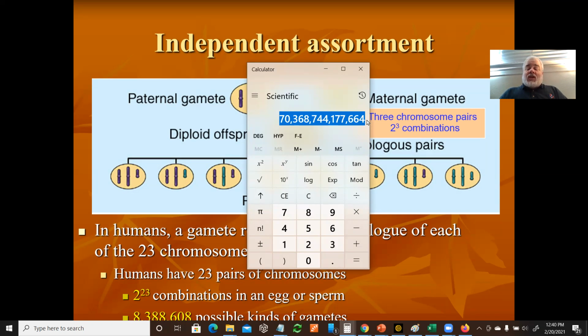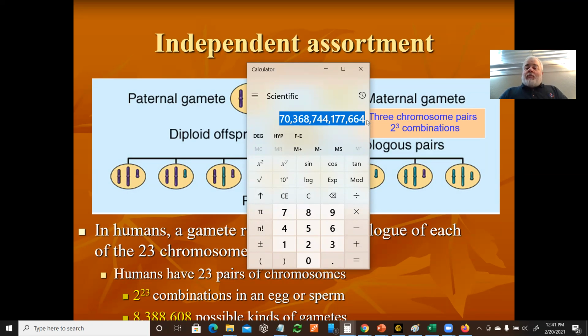70 trillion possible kids, and none of them are going to look like Shaquille O'Neal. They're all going to be short because we're both short. They're all going to look somewhere in the general concept of my wife and I and our families.